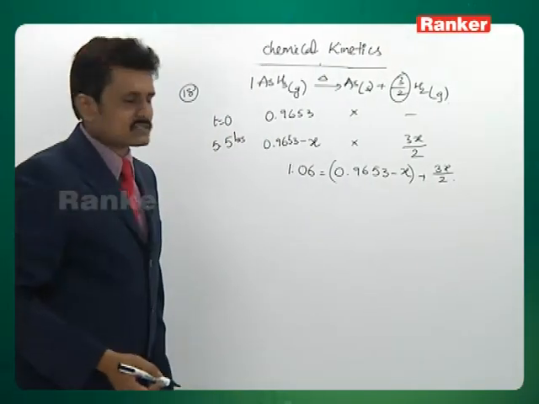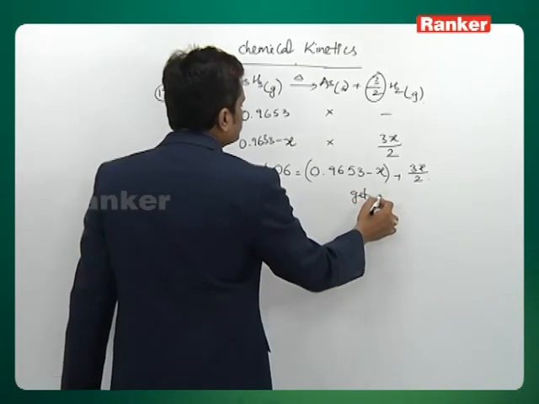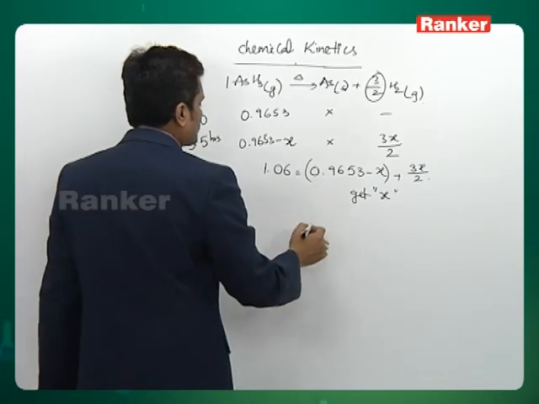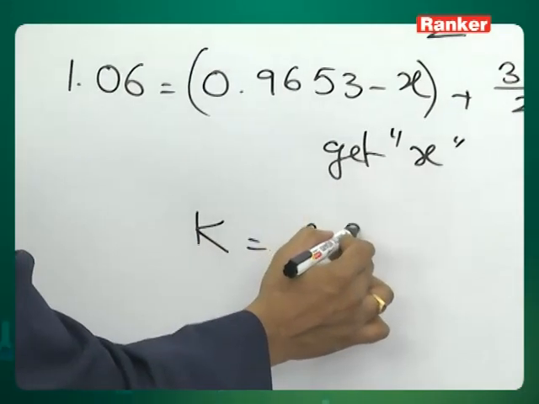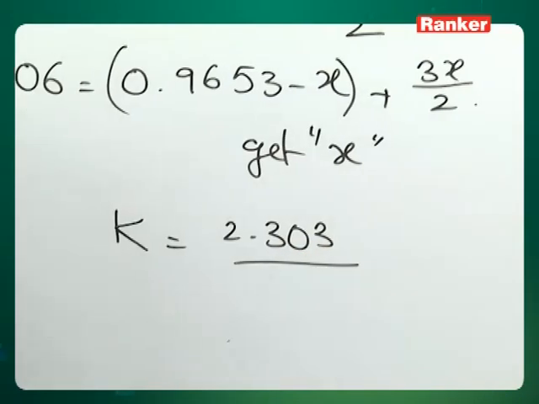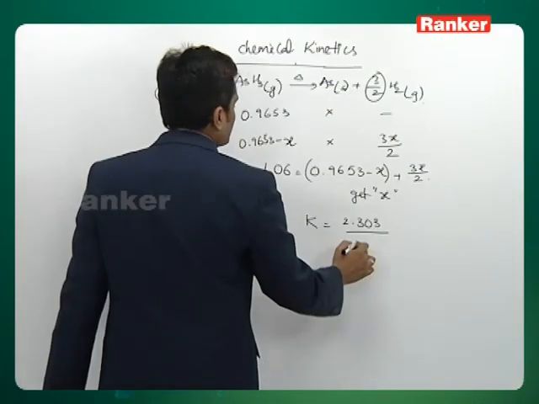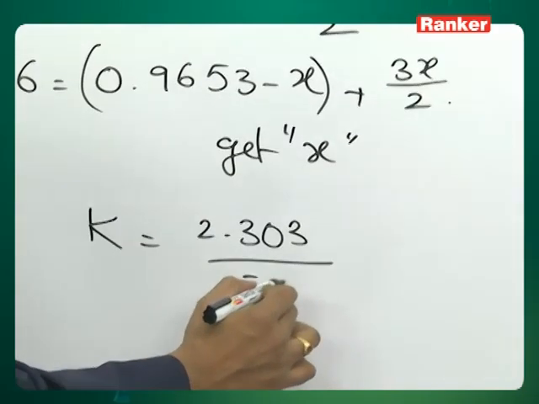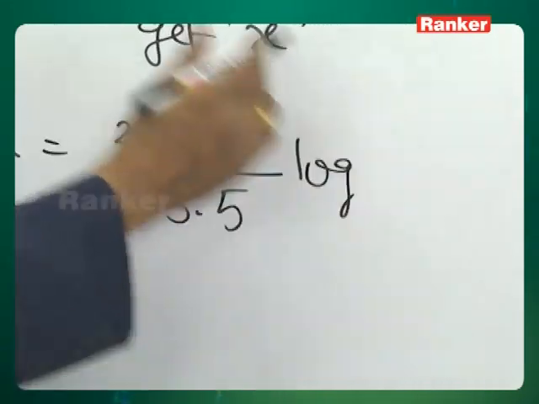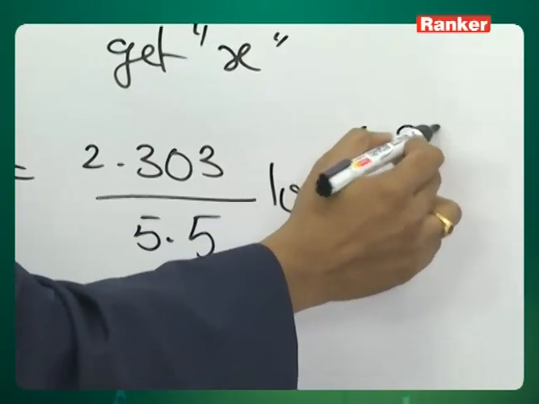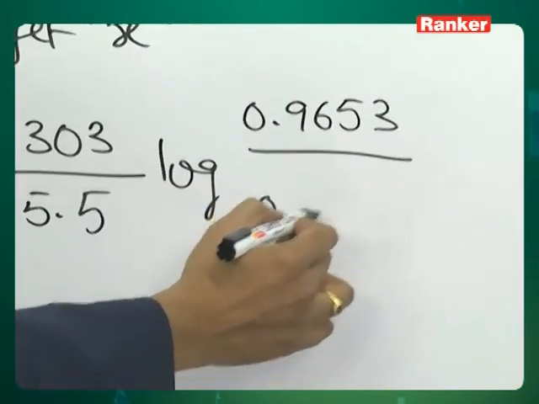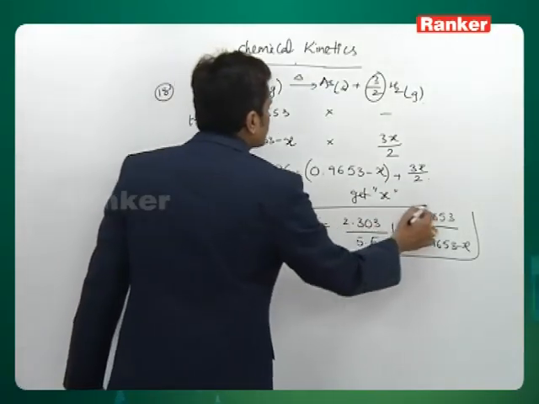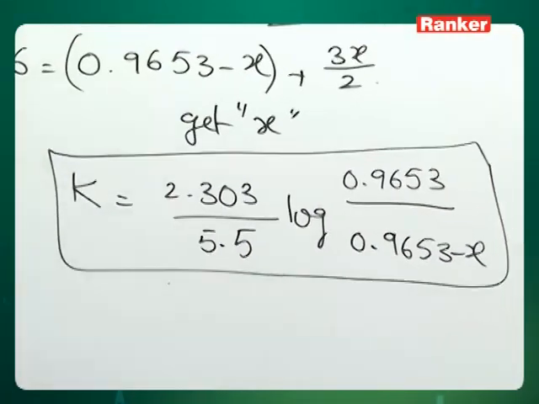Now when I simplify this equation, I will be getting the value of X. After finding out the X value, if it is a first order reaction, the velocity constant K is 2.303 by time, which is 5.5 hours, into log of initial pressure of arsine upon the pressure of arsine minus X. So by substituting the value, you'll be getting the K.